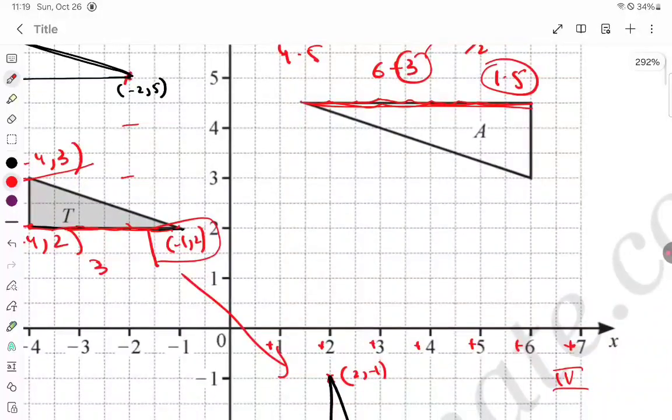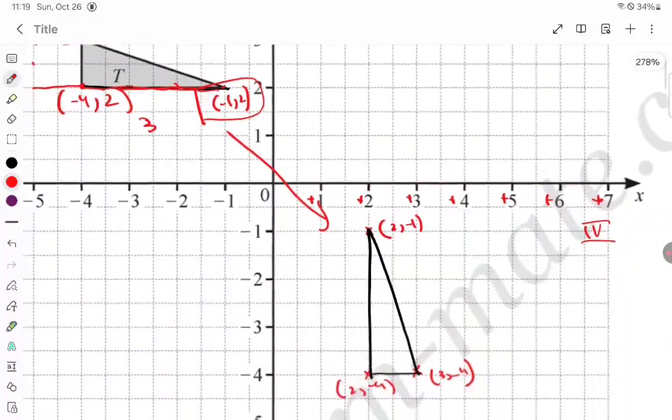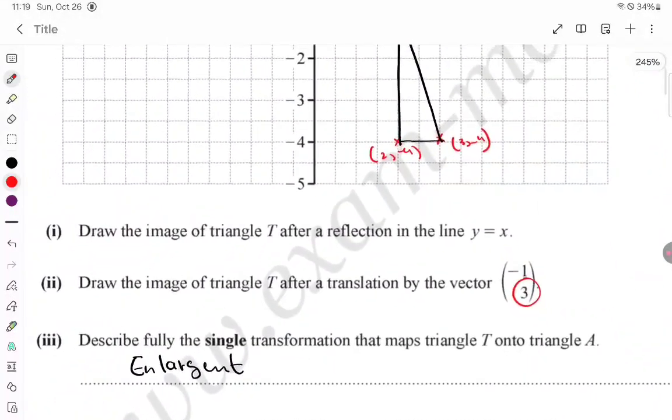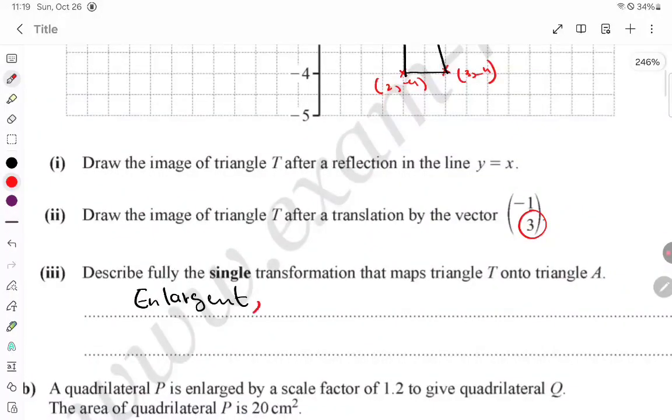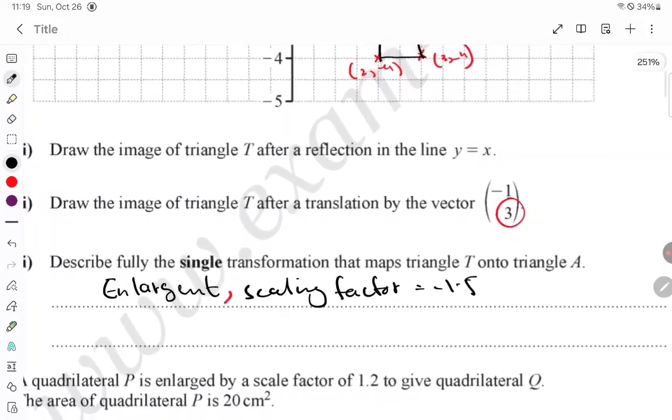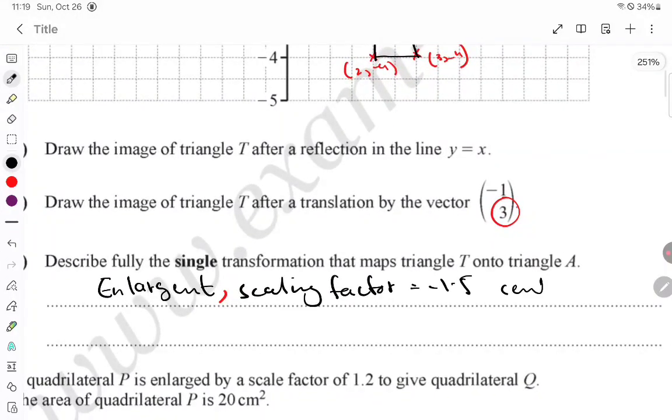So we can say that the enlargement is by a scale factor of negative 1.5, because this is on the opposite side of the given triangle, and the center.